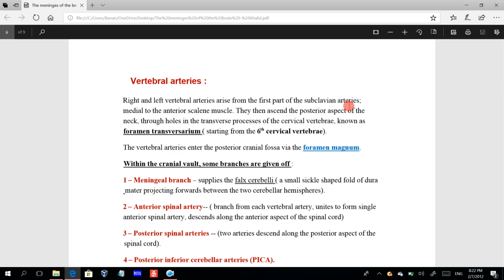You know, we have 7 cervical vertebrae. All the 7 cervical vertebrae have transverse processes that have a small foramen or hole.